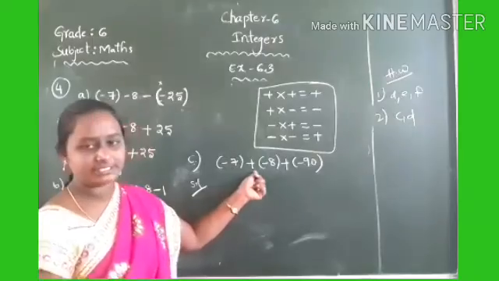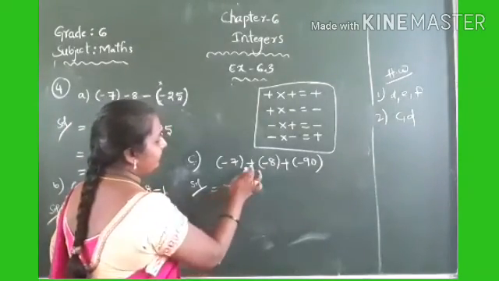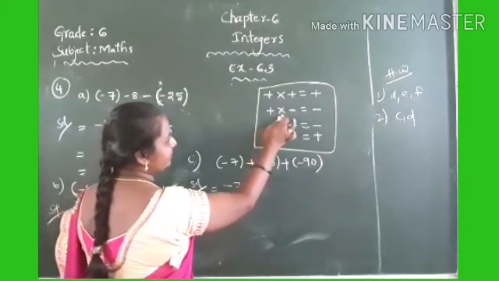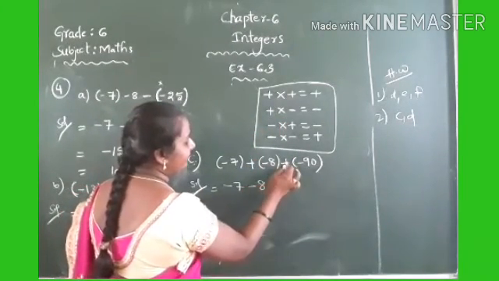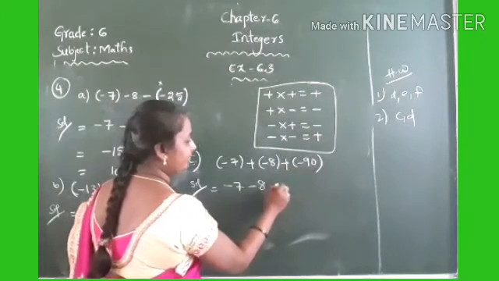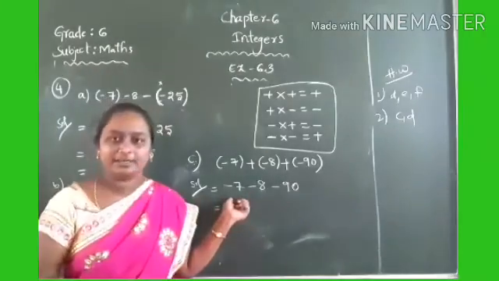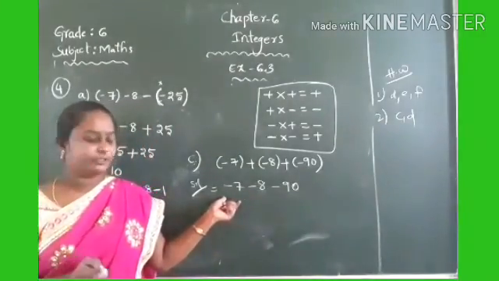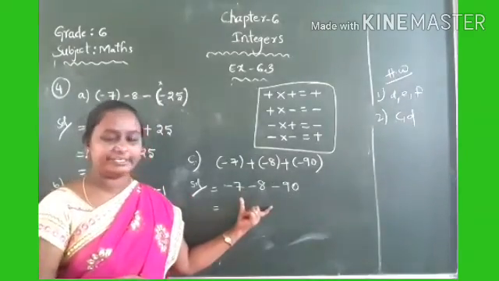Minus 7 plus of minus 8. So here it is minus 7, plus into minus is equal to minus 8. Again plus into minus 90. Now observe here, all are negative integers.